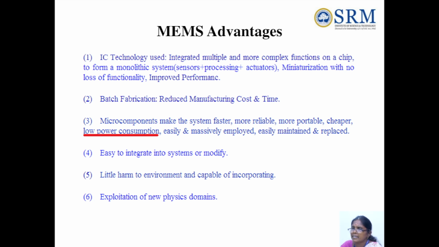Batch fabrication reduces manufacturing cost. Micro components make the system faster, more reliable, more portable, cheaper, low power consumption, easily and massively employed, easily maintained and replaced, easy to integrate into systems or modify, little harm to the environment, and capable of incorporating exploration of the physics domains.